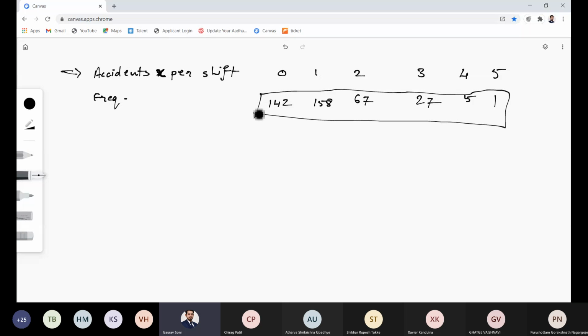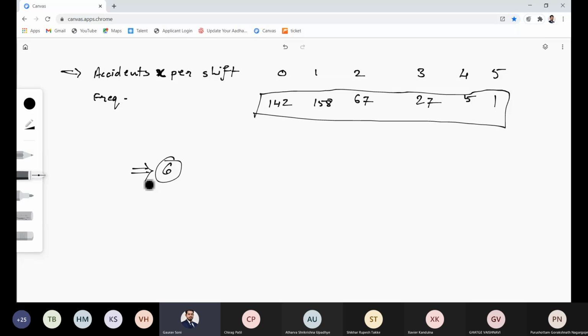And what I want to do is find K for 6. So there will be 6 accidents, and in how many shifts this can happen, that is to be estimated.